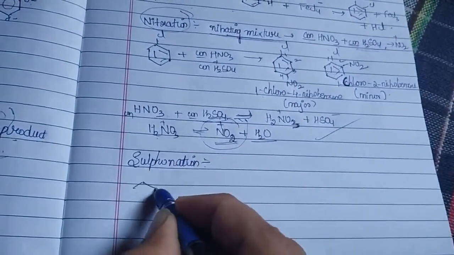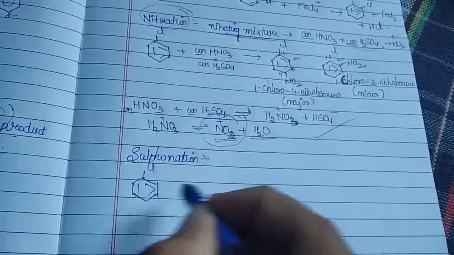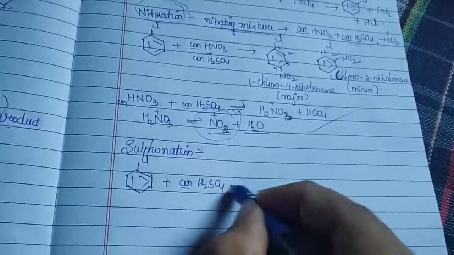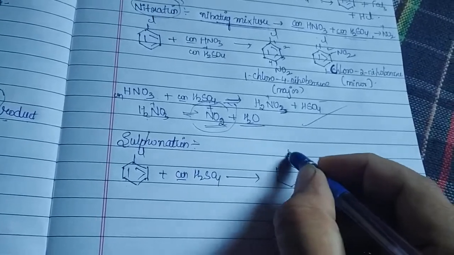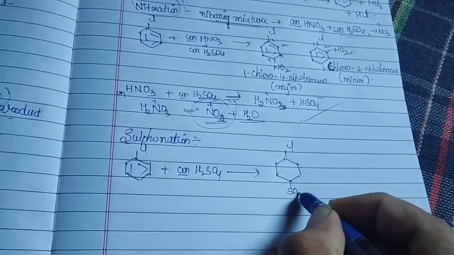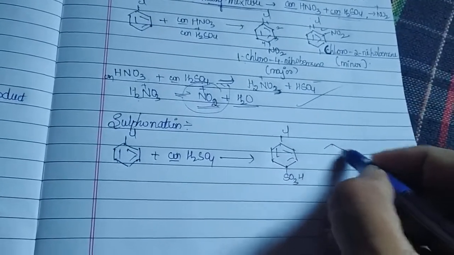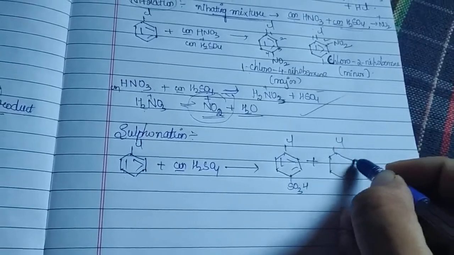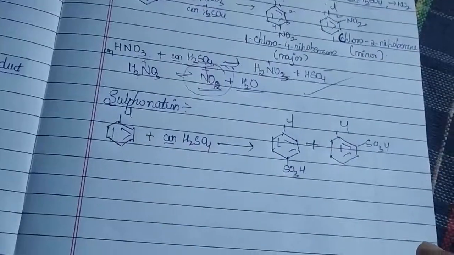Whenever we treat chlorobenzene with concentrated sulfuric acid, what am I going to get? Cl and here SO3H, and over here, plus Cl and over here SO3H.